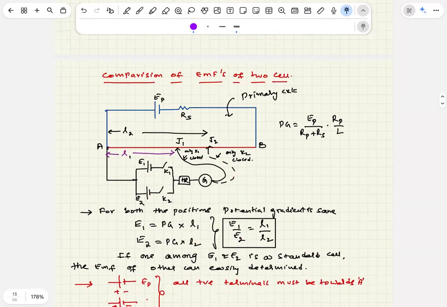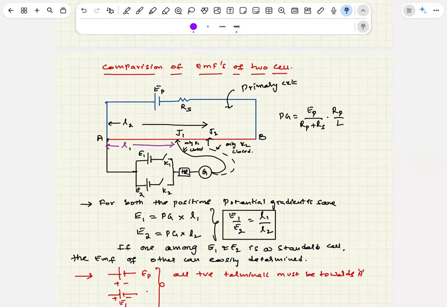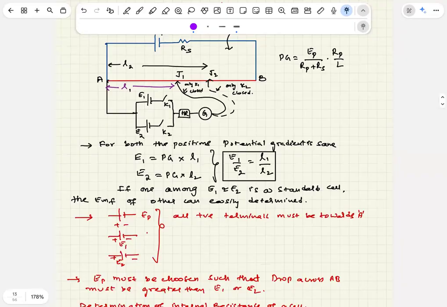Only at the balancing point. Otherwise, what will you measure in this? Tell me, what are you measuring in this? Balancing length. When the balancing length is obtained, the galvanometer shows zero deflection. Only then will you measure anything. Otherwise the potentiometer is of no use.